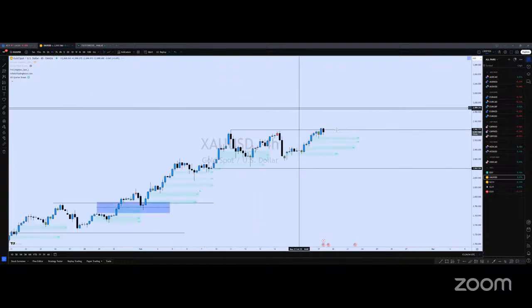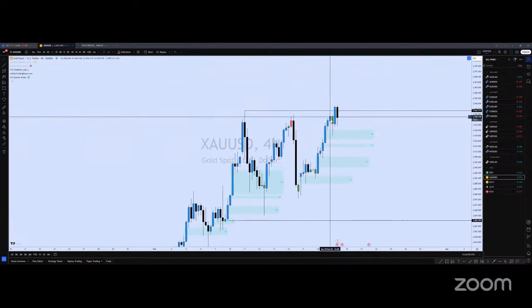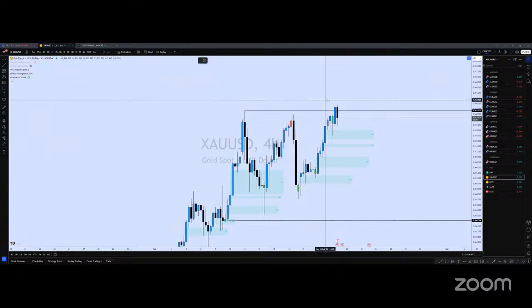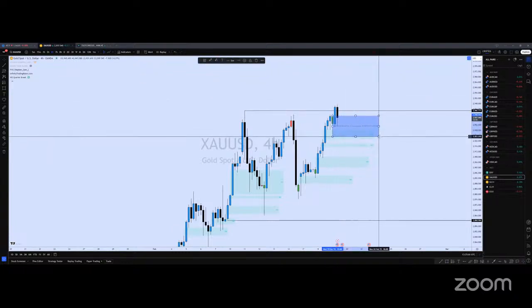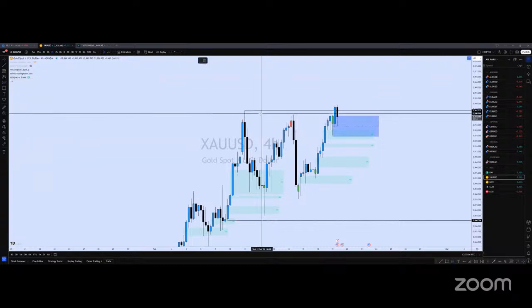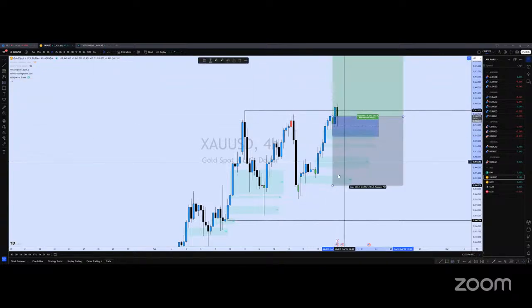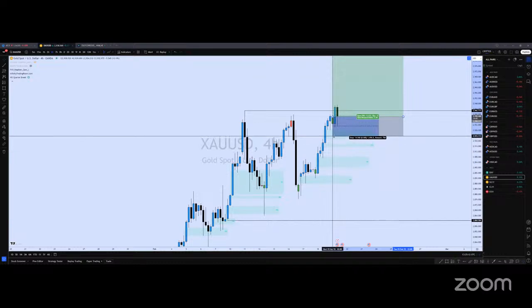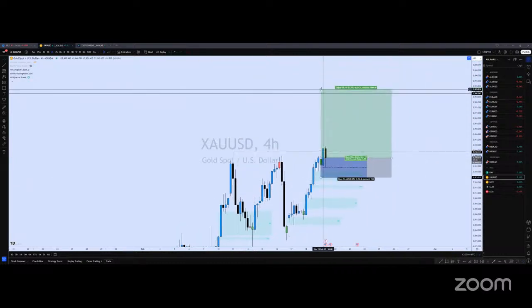So watch this H4 down candle that they've created here. It's a nice order block for a continuation to the upside. Do I recommend buying? Not really, but if you want to take the chances, by all means do so.